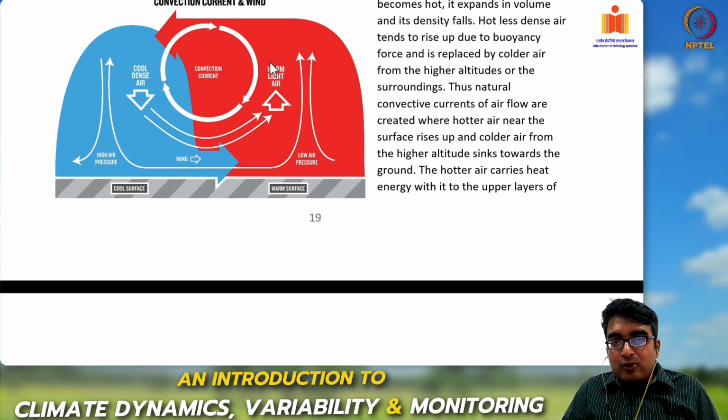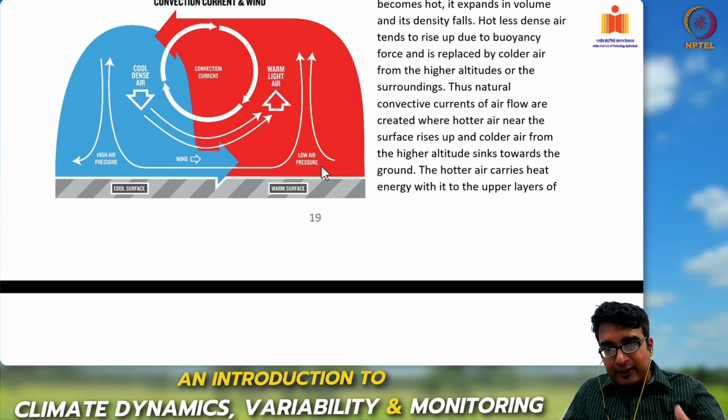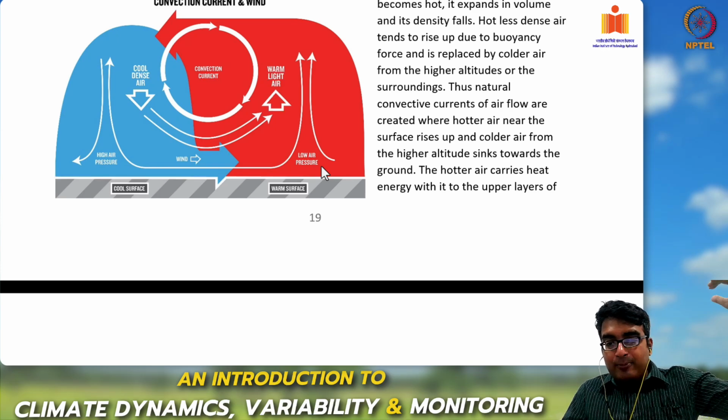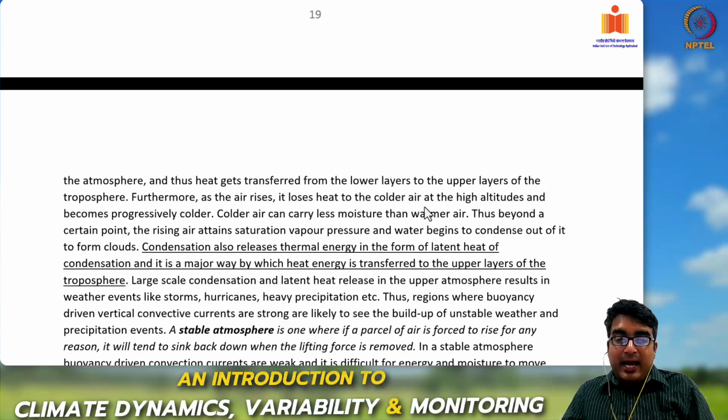Only then can a vertical convection cell truly form. So if such forces are not present, and instead if an air parcel moves up, the forces are such that it tries to move back down again, and if an air parcel at the top of the atmosphere tries to move down, the forces are such that it tries to move back up again, then we have a stable atmosphere.